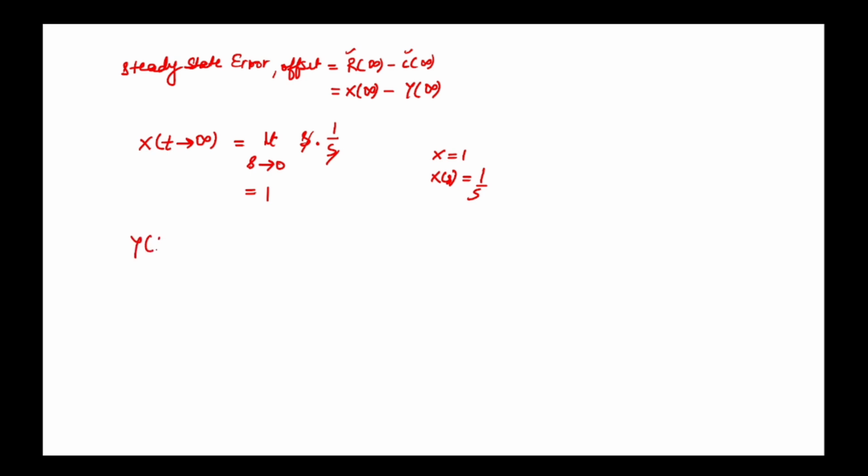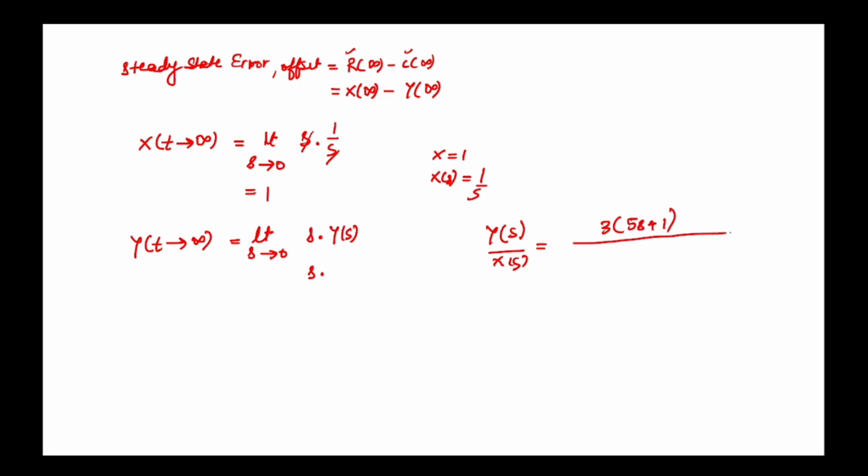Y infinity, Y as t tends to infinite, that means limit S tends to 0 of S into YS. We have YS upon XS is equal to 3 upon 5S plus 1 over 3S plus 1, 2S plus 1, 5S plus 1 plus 3. This is YS upon XS, but we need YS only, so XS will come here.